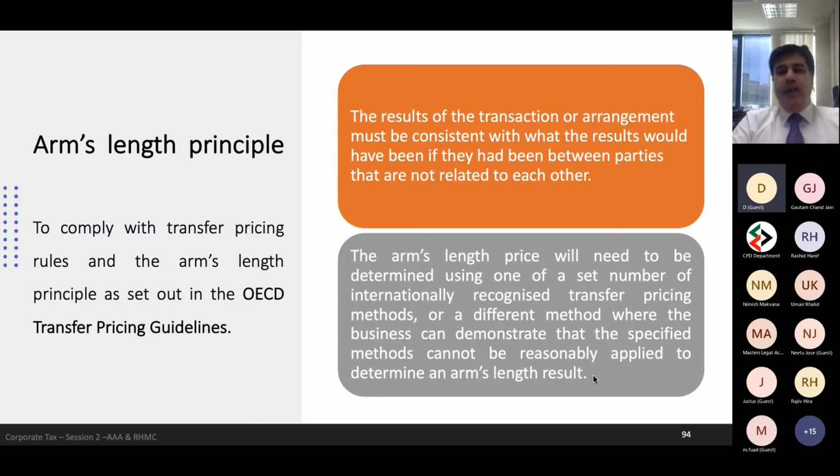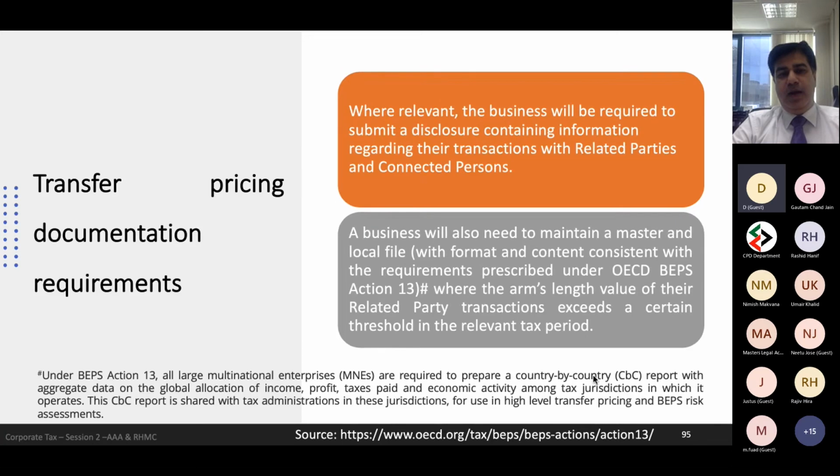The arm's length principle will need to be determined using one of the set of internationally recognized transfer pricing methods, or a different method where the business can demonstrate that the specified method cannot reasonably be adopted to determine an arm's length result. This itself is going to be a good action plan from a proof perspective, where profits are being shifted and where tax authorities will look at the documentation side.